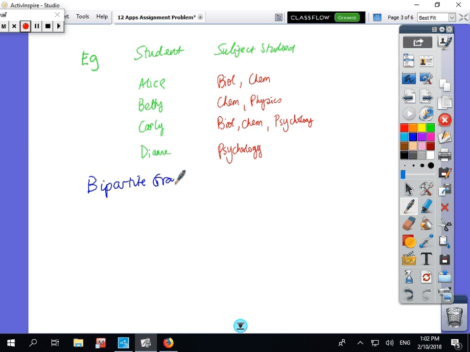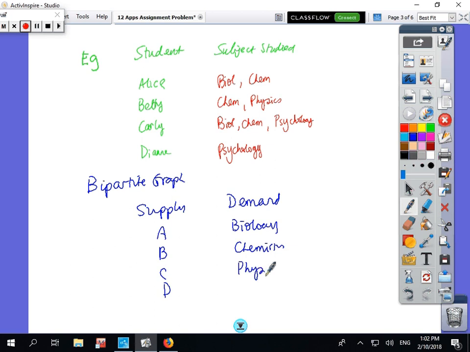So the supply is A, B, C, D. The demand, the subjects, are biology, chemistry, physics, and psychology. And what we're going to do is just join them up.